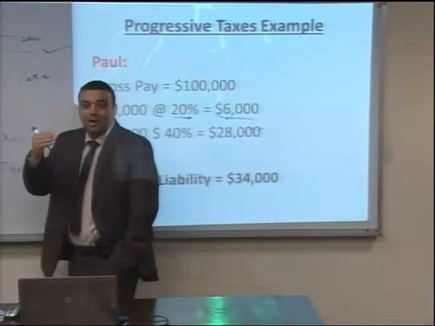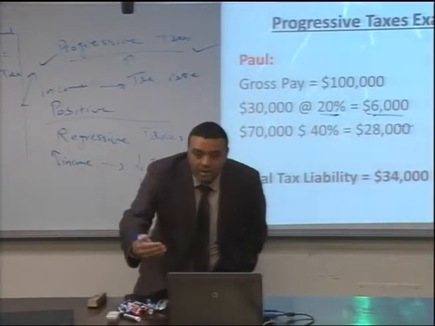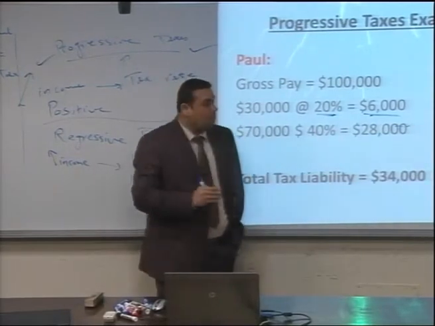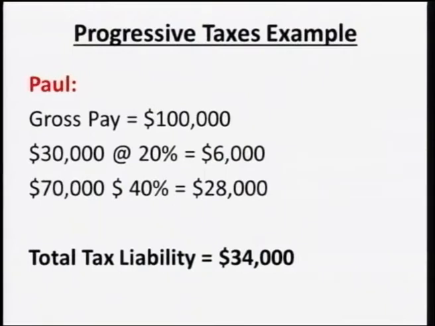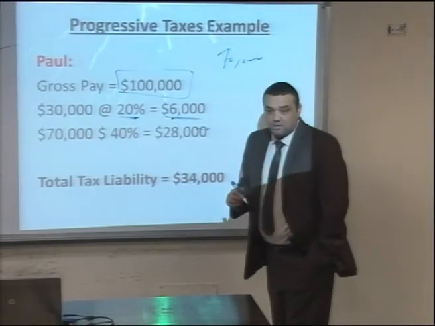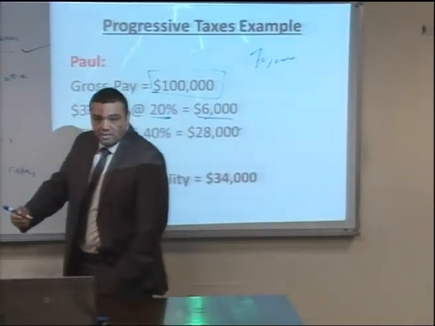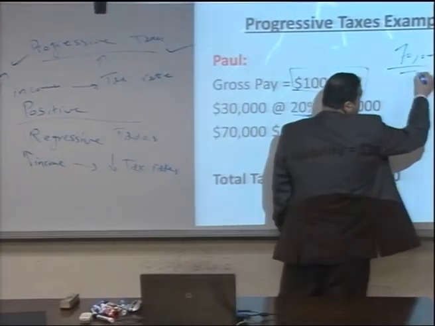Okay? What about the additional part of income? How much is the amount left here? 100,000, so $70,000. The left amount of income is $70,000.